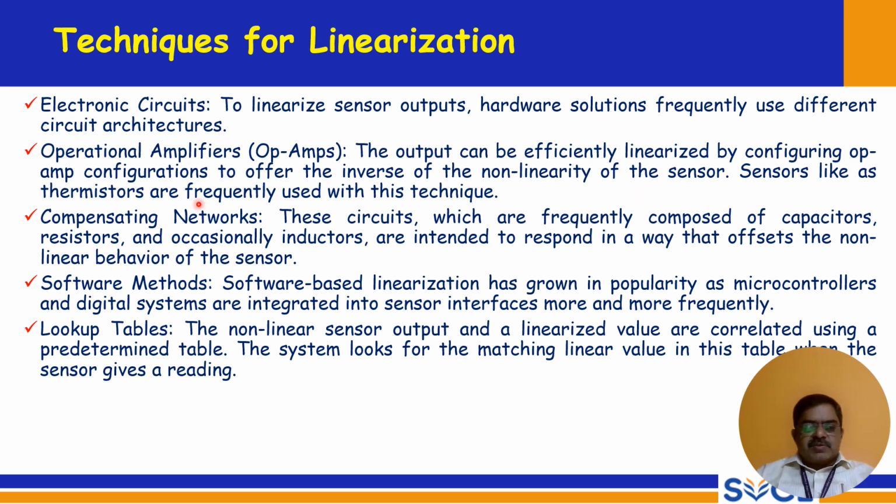Sensors like thermistors are frequently used with this technique. Compensating networks: these circuits, which are frequently composed of capacitors, resistors, and occasionally inductors, are intended to respond in a way that offsets the nonlinear behavior of the sensor, that actually suppresses the nonlinear behavior.